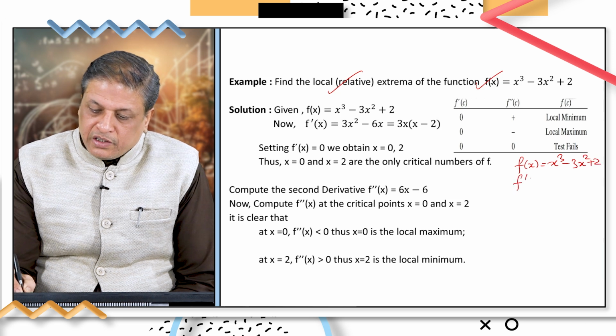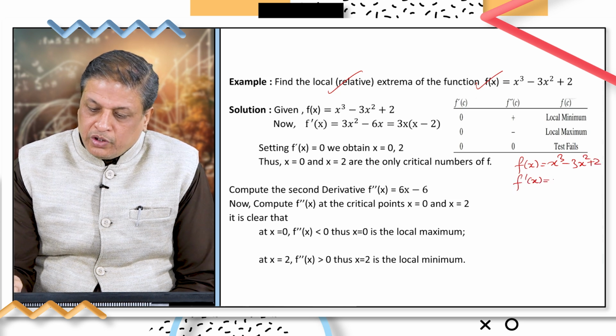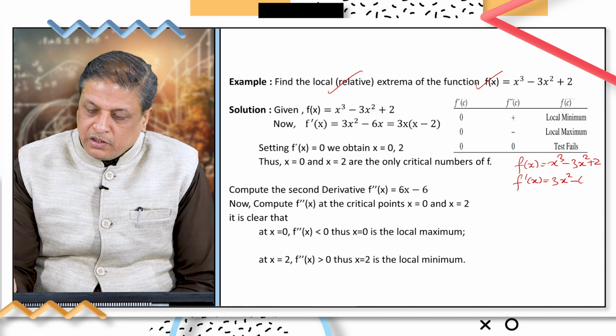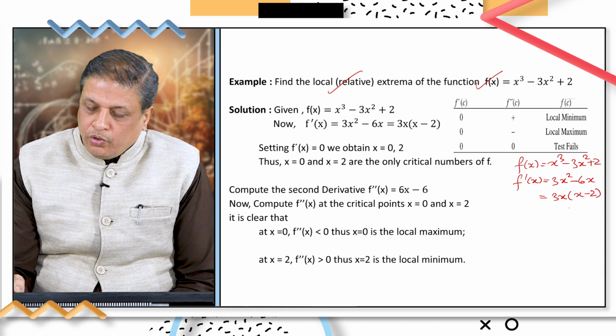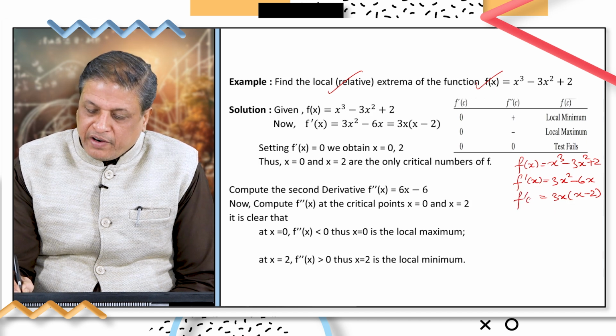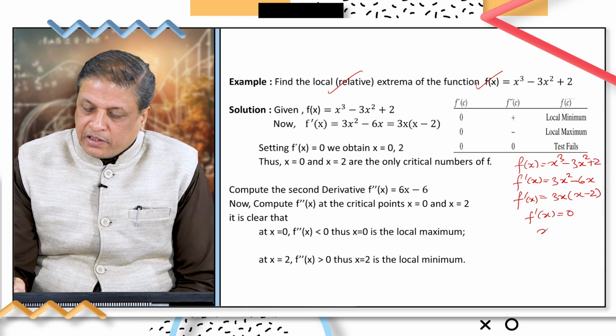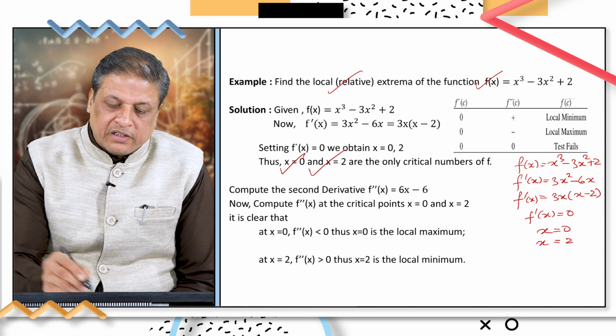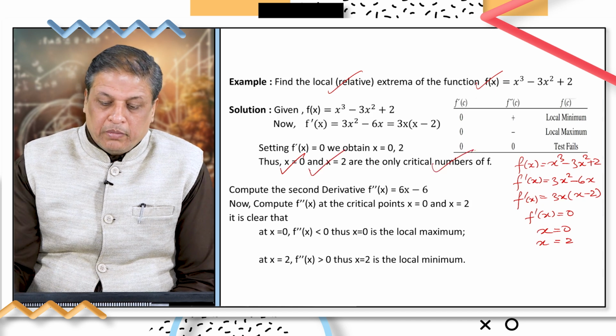So, f'(x) should be equal to 3x square minus 6x. Taking 3x as common, it turns out to be 3x(x minus 2). So, the critical points will be the points at which f'(x) is equal to 0. The f'(x) will be equal to 0 when x is equal to 0 and x is equal to 2. So, x is equal to 0 and x is equal to 2 are the critical numbers.